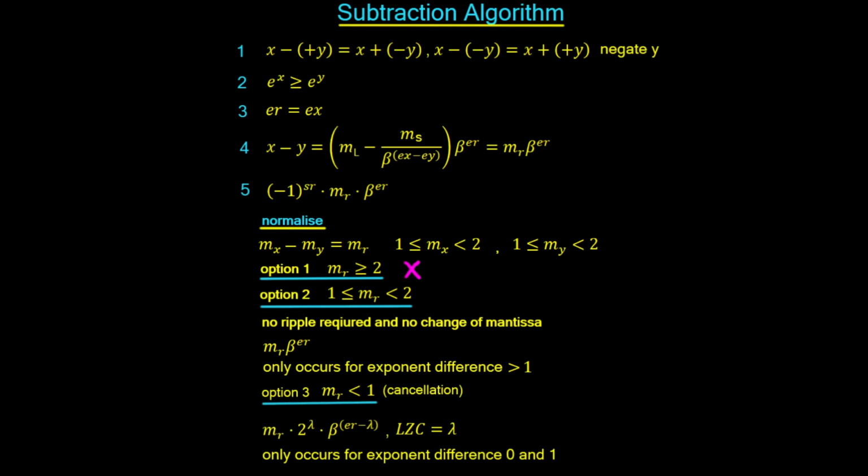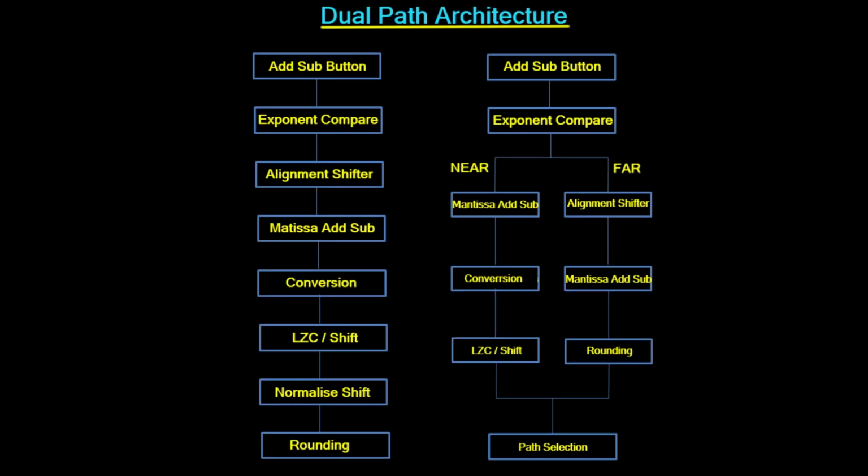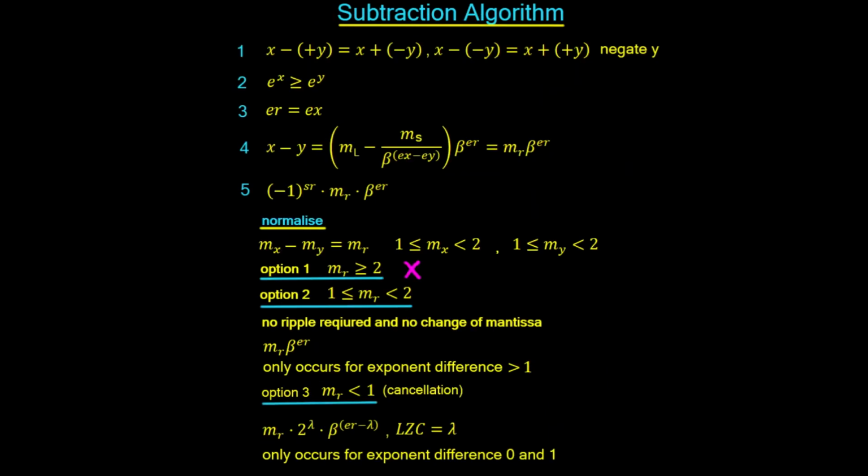So this part of the architecture here only is used for cancellation. So in effect, this is 1/4 of the possible values. So if we were to get into the subtraction again, then this one's taken care of by that path.